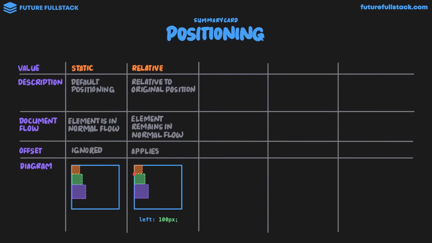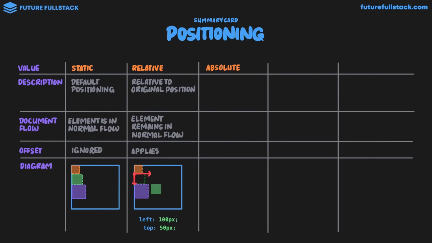That is 100 pixels to the right. If we then set top as 50 pixels, the element will shift 50 pixels away from the reference point. That is 50 pixels down from the element's top left corner. So our relatively positioned element ends up looking like this, where its original slot remains in normal flow and it's positioned relative to itself. That is, its original position.